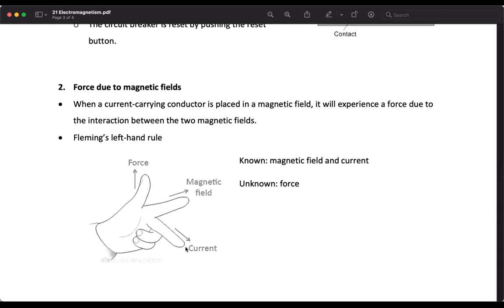And how to remember that the middle finger is current? Your teacher taught you how to remember that the left thumb is the force, the index finger is the magnetic field, and the third finger is the current. Can you share with me how the teacher taught you? Or your teacher did not teach you, and you just need to memorize yourself?